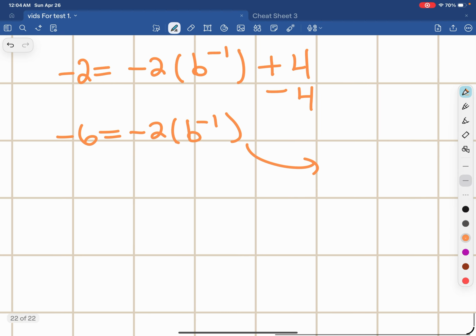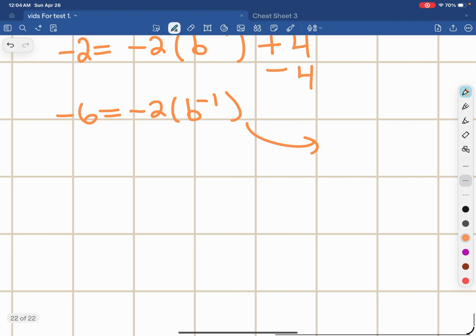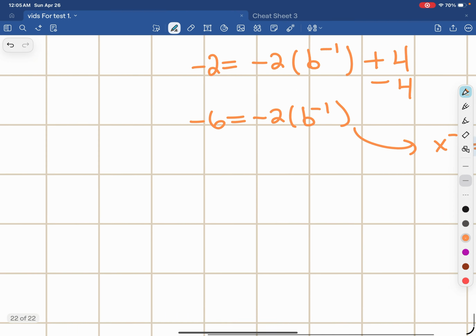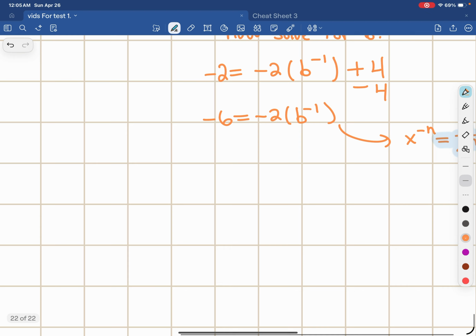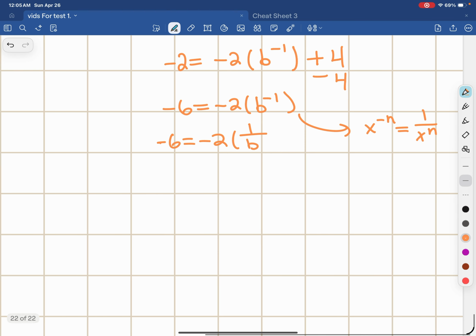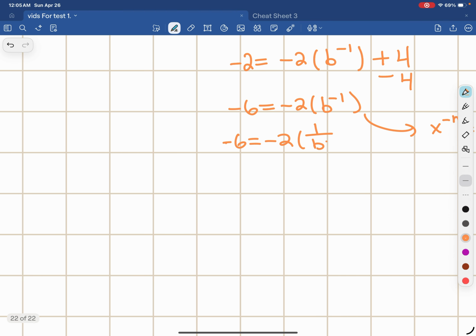So if we have x raised to -n, we can write that as 1 over x to the positive n. Basic algebra rule there. But now let's rewrite that. So we have -6 is equal to -2 of 1 over b to the 1, which would just be b.